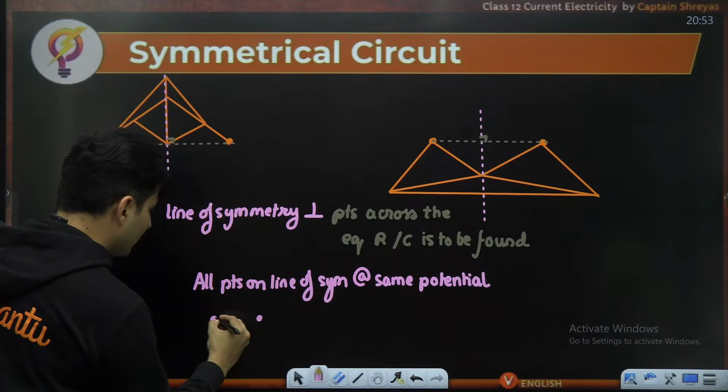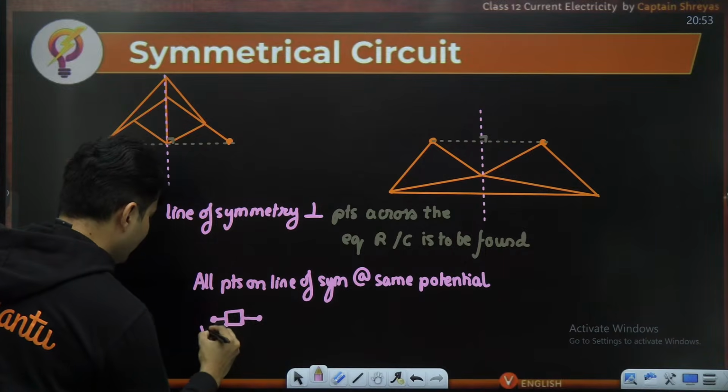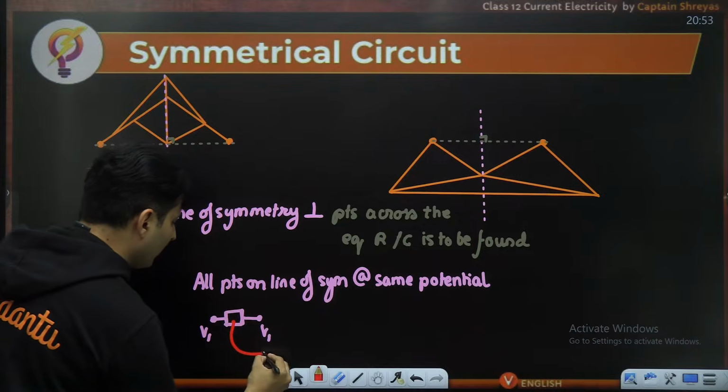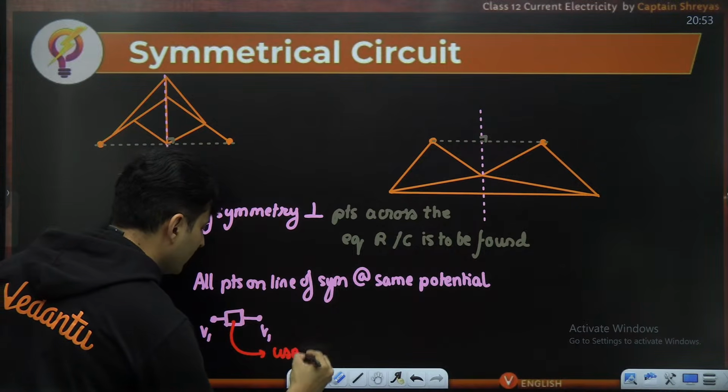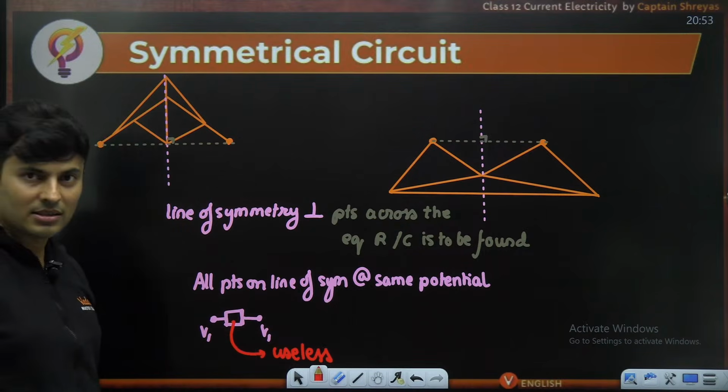If this point and this point are at the same potential, if this is V1 volts, this is also V1 volts, then this thing in between becomes completely useless.